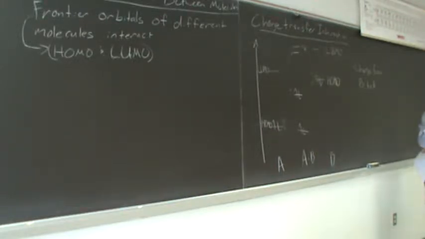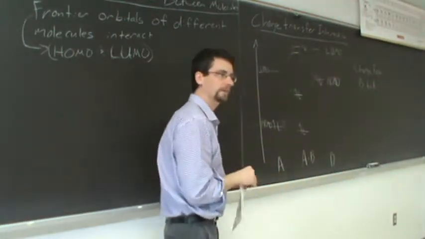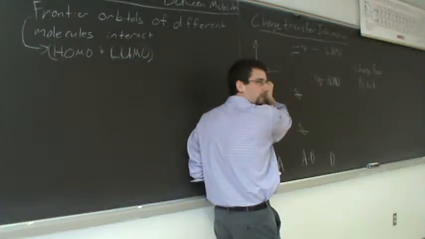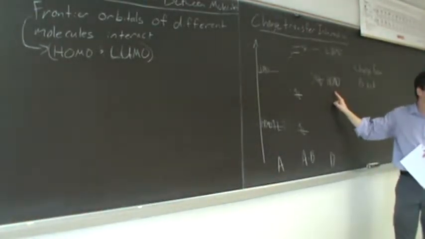Okay. If we were talking about atoms, you'd be correct. In this case, since these are both molecules, it's a little bit different. Are there any electrons occupying this orbital? No. But they were occupying this HOMO, right?